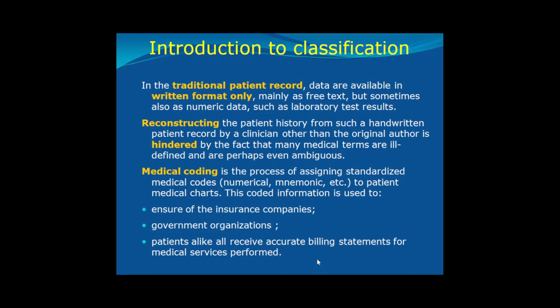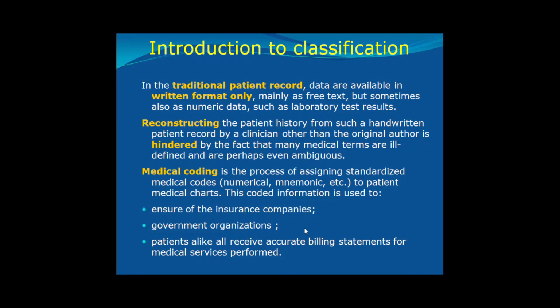If we are talking about traditional patient care, data are available in written format only, mainly as free text, but sometimes also as numeric data, such as laboratory test results. Reconstructing the patient history from such a handwritten patient record by a clinician other than the original author is hindered by the fact that many medical terms are ill-defined and perhaps even ambiguous.